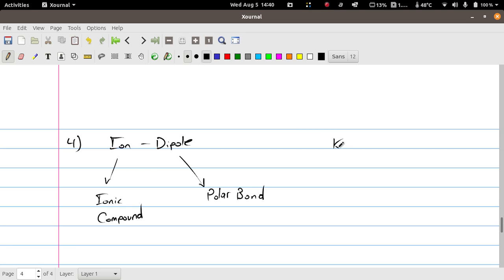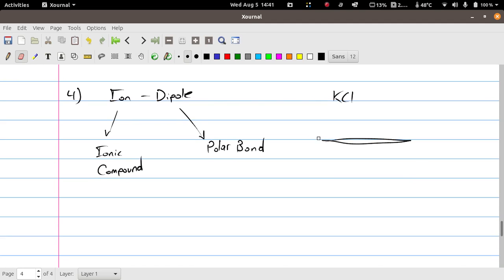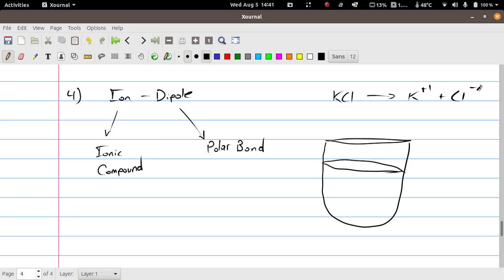So say I had potassium chloride, and I have a beaker. You're going to get used to seeing me draw these a lot. So I have a beaker, and I pour this in. So this will split up to K plus 1 plus Cl negative 1.